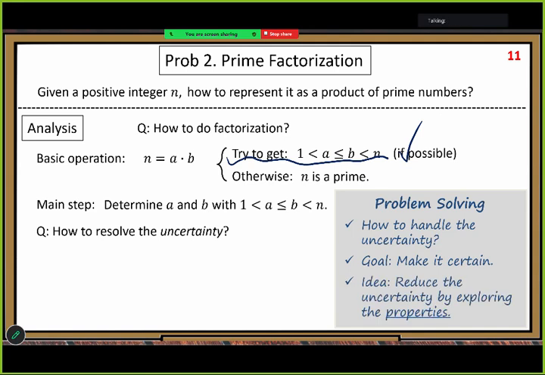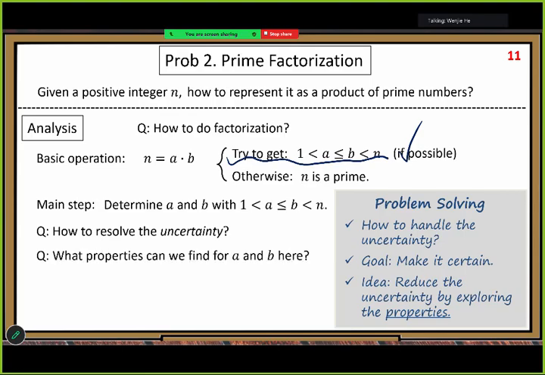So the idea: reduce the uncertainty by exploring the properties. If we can discover more and more properties, then we can apply those properties to reduce the uncertainty. That's a common step in problem solving.